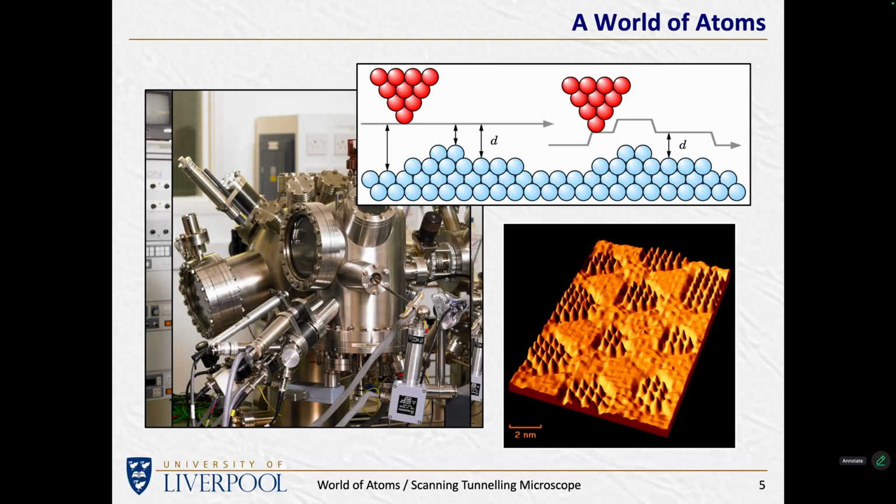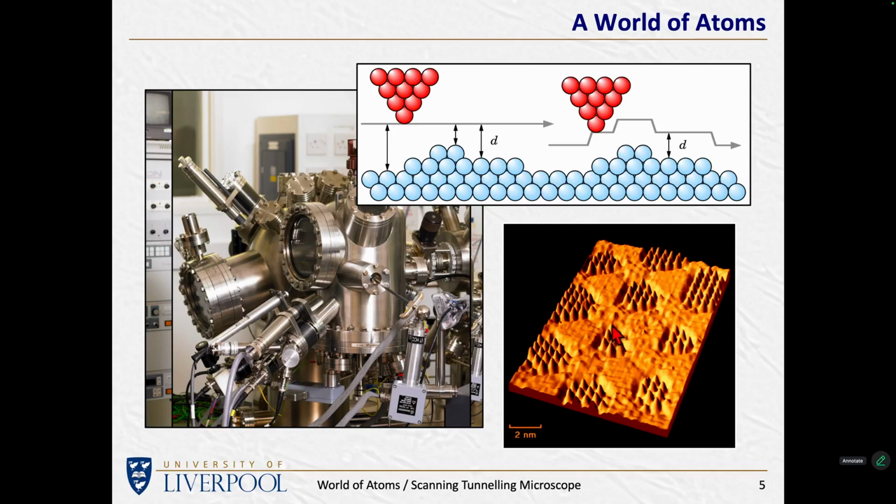So for instance, this image taken by a colleague of mine in the University of Manchester, this shows the surface of rust. So the surface of rust is made up of iron atoms and oxygen atoms, and it just so happens that this particular surface is made of two phases of iron. For those that remember their chemistry, there's Fe2O3 and Fe3O4, and we're looking at individual atoms on the surface here.